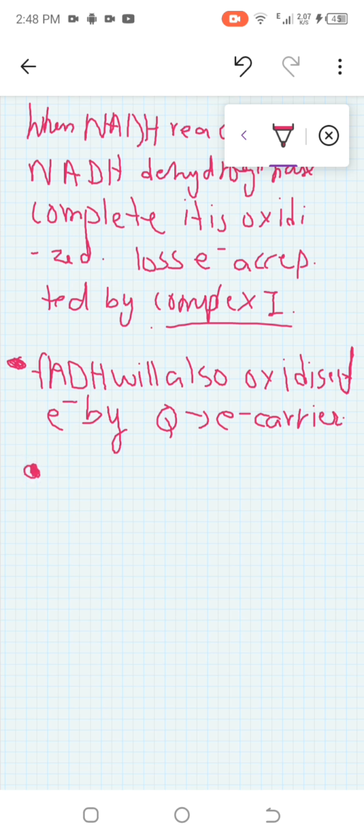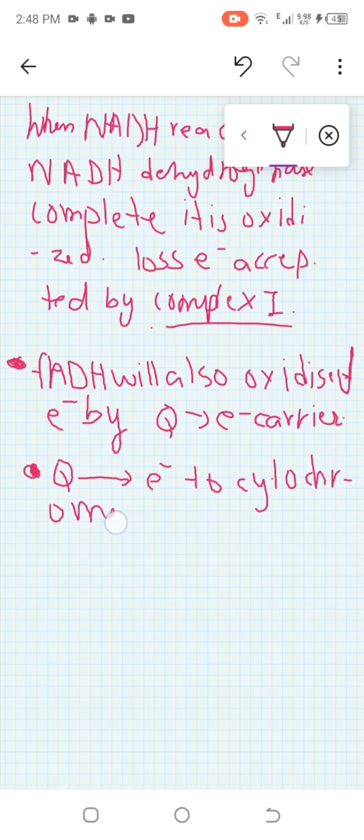After that, from coenzyme Q the electrons are received at cytochrome reductase, complex 3. Now Q, the electron carrier, gives electrons to cytochrome complex 3. Then cytochrome C will accept the electrons from cytochrome reductase.